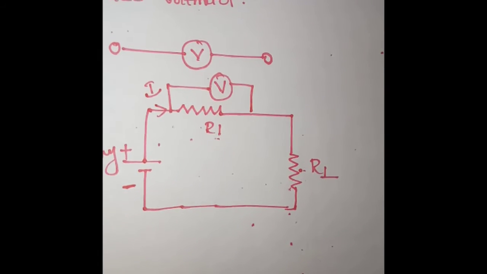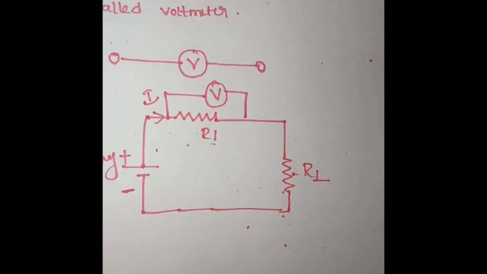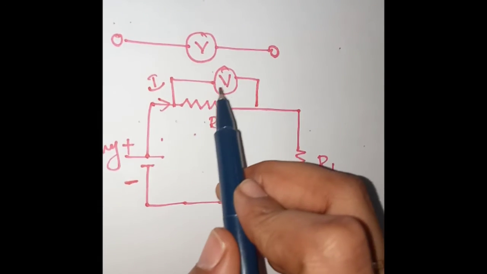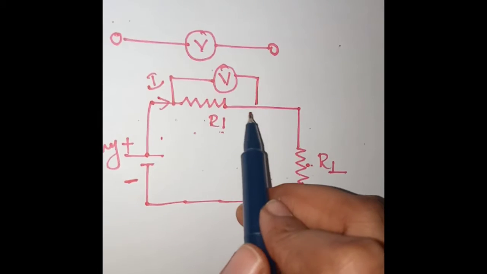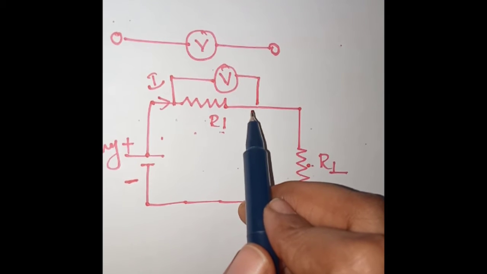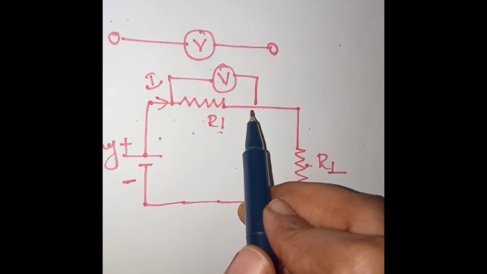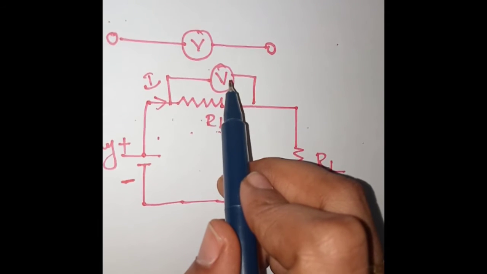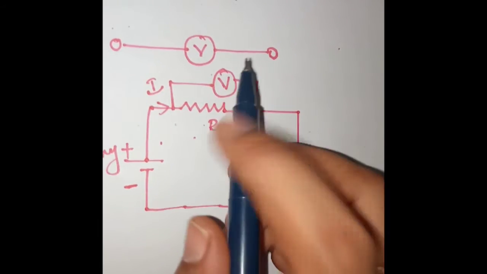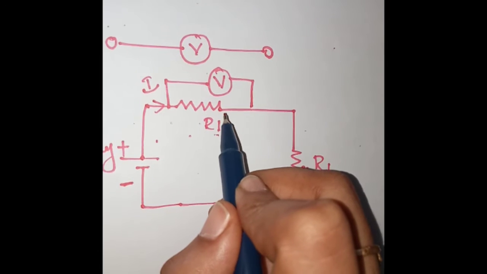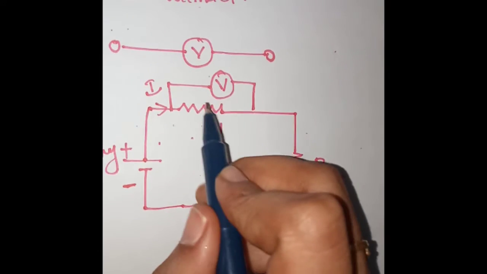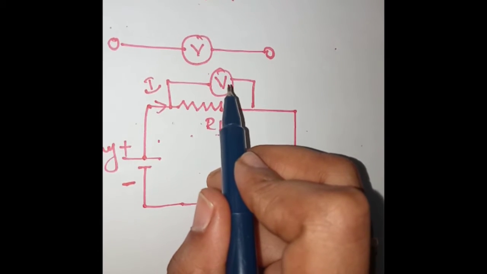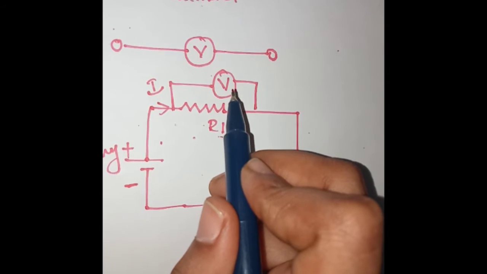If the voltmeter is connected in series with the circuit, a minimum current flows because of the measured voltage, which disturbs the readings, so the voltmeter gives wrong values.